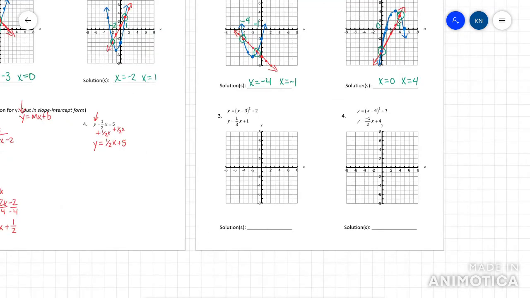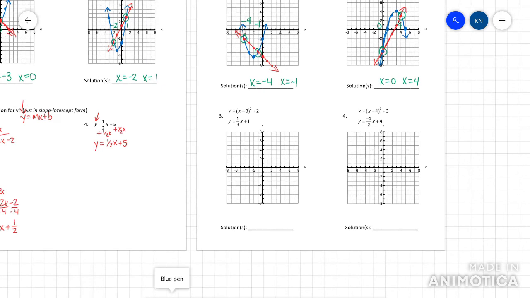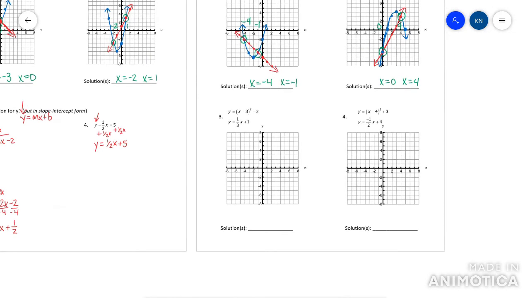Okay, these last two. This one's already in mx plus b form for the linear, so I'm just going to go ahead and start by graphing the quadratic. Vertex of 3, 2, a value of 1. Graph your linear, 1/3 x plus 1.